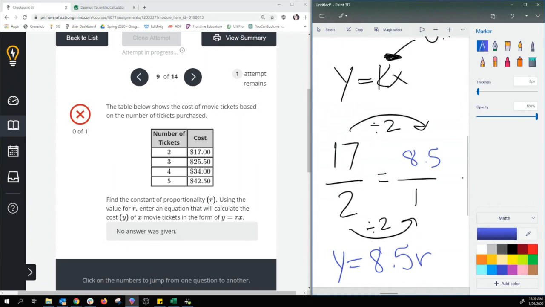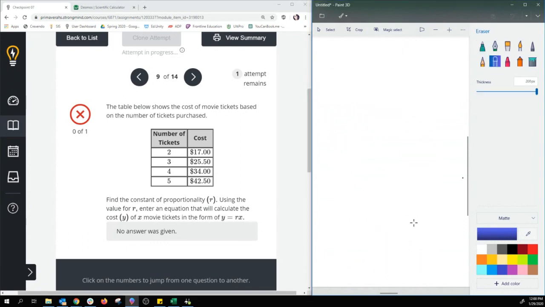So Y equals 8.5 R. And let me know when you guys are ready to move on. So Y equals 8.5x. So that 8.5 is R because R is our unit rate. So Y equals 8.5x.